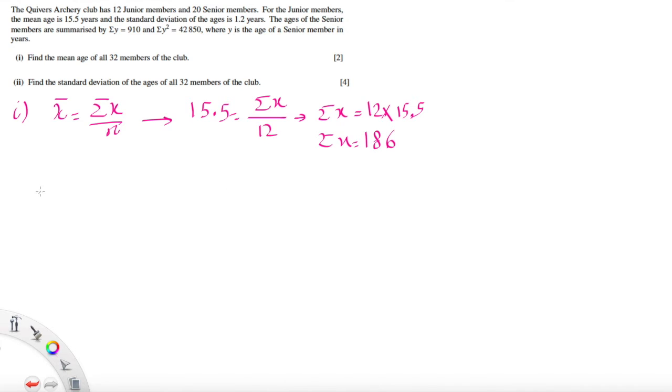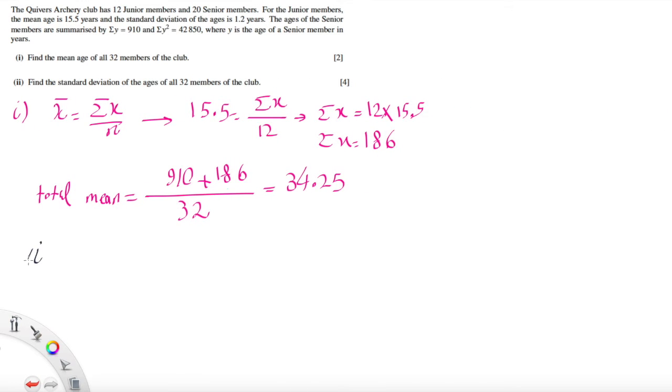Now the total mean for all 32 members will be 910 as the sum of the seniors plus 186 as the sum of juniors, over the total members, which is overall 32 members, which will be equal to 34.25. Part 2, it says find the standard deviation of the ages of all 32 members of the club.